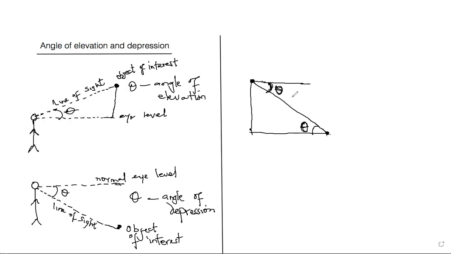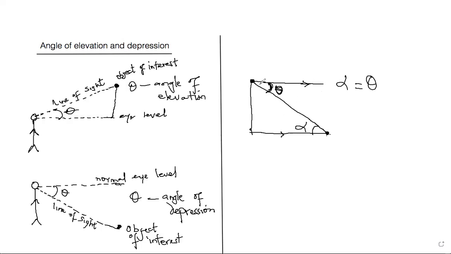Let me use alpha for the angle of elevation and theta for the angle of depression. Alpha will be equal to theta in this case. Why? Because they are alternate angles, since these two lines are parallel.